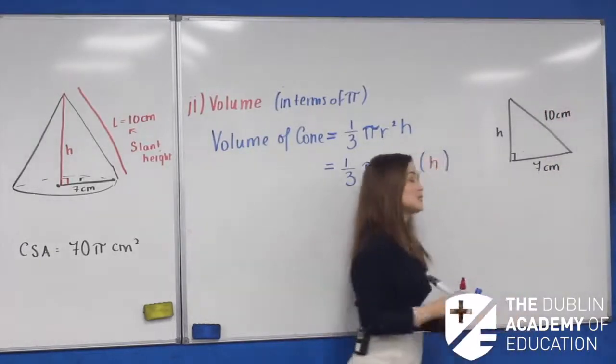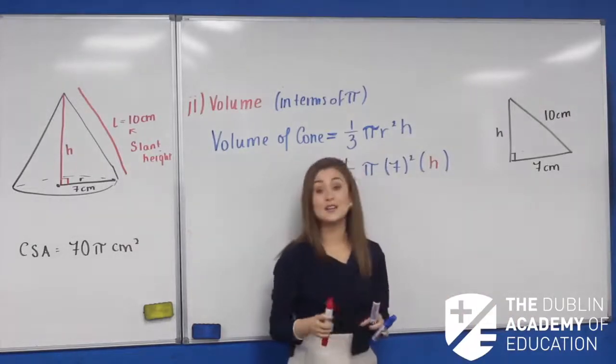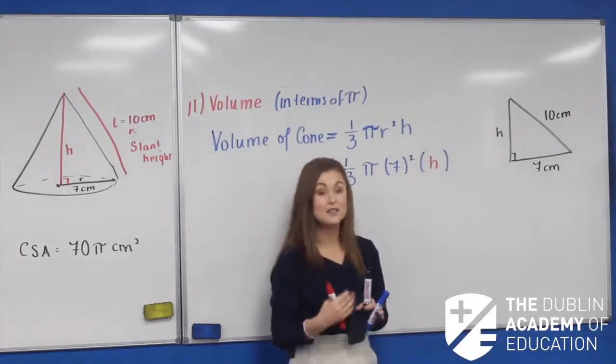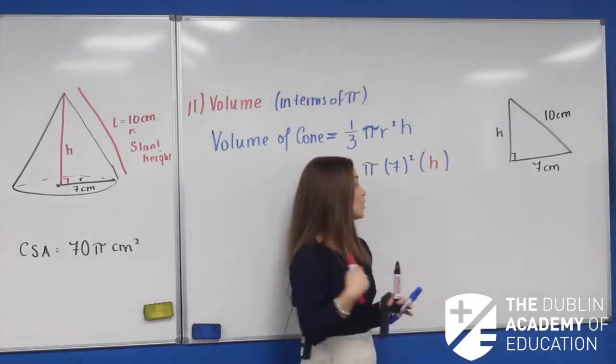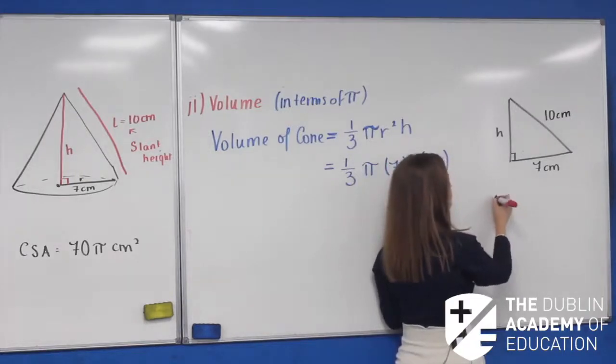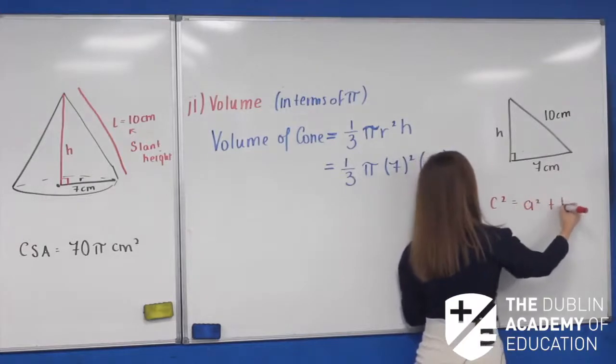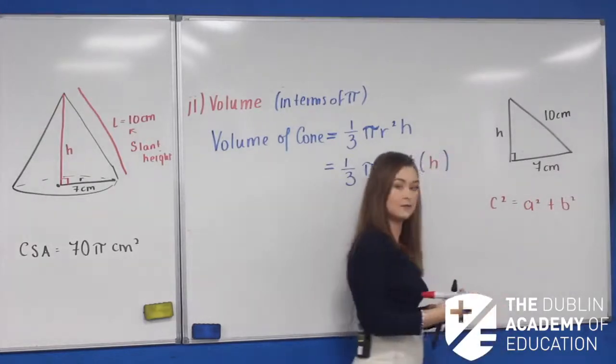Now, straight away, it should have already clicked inside your head. What we're going to be using here is Pythagoras theorem. We have 2 sides and we're looking for the third. Now, my formula for Pythagoras theorem is c squared equals a squared plus b squared. Okay?